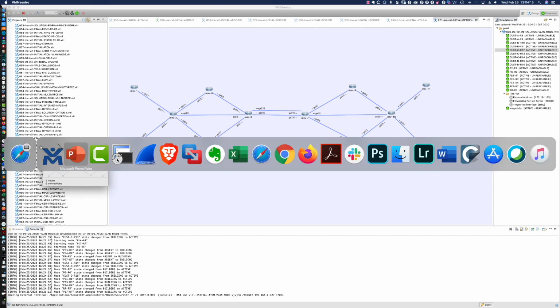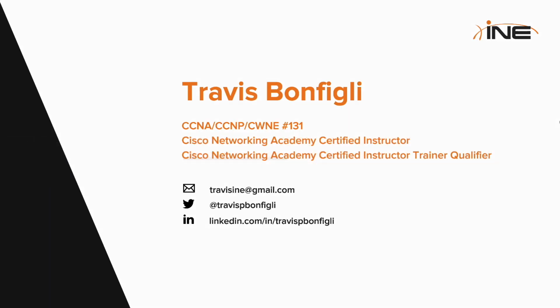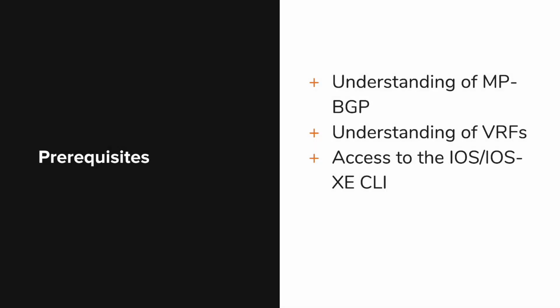So let's talk about some of the prerequisites for this course. Now, you're going to need to have an understanding of multi-protocol BGP, because multi-protocol BGP is critical when it comes to configuring the inter-autonomous system scenarios. You're also going to need an understanding of VRFs.